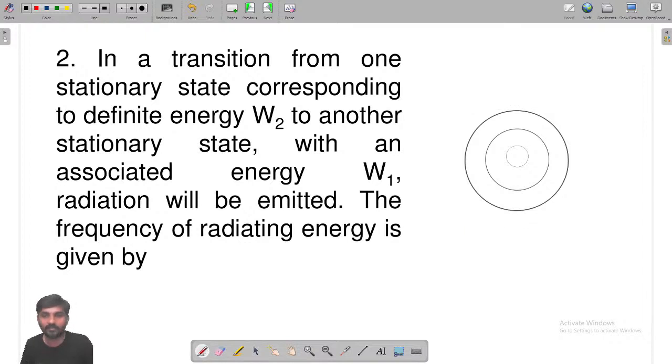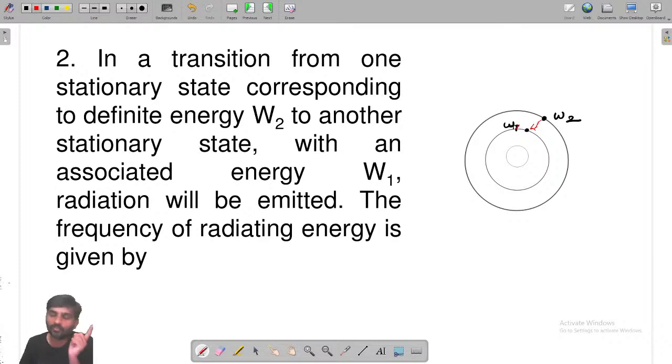Let's say an electron is here having an energy W2, and here another is at the energy level W1. So according to him, energy will be radiated only when it is moving from W2 to W1.